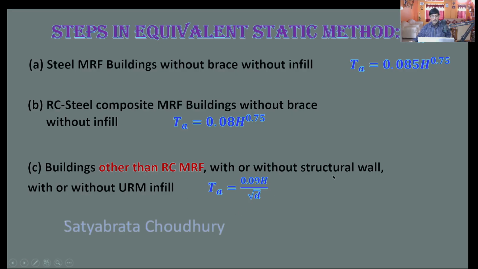So these are not bare frames here. The time period is given by 0.09 h divided by root d. h is again the height of the building in meter. d is the dimension of the building in plan in the direction concerned. So there will be two values of the plan dimension, in the long direction and in the short direction. Accordingly, you will get the approximate time period in the long direction and in the short direction.